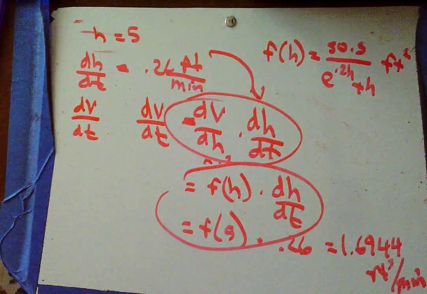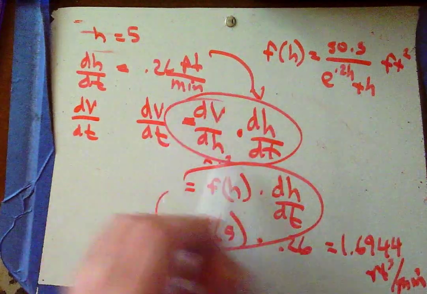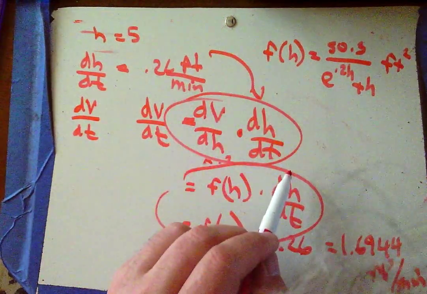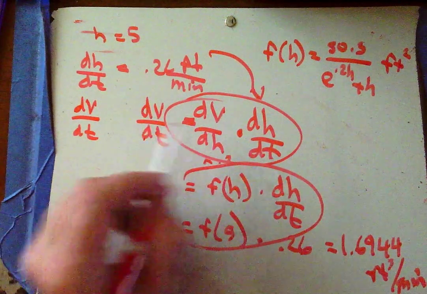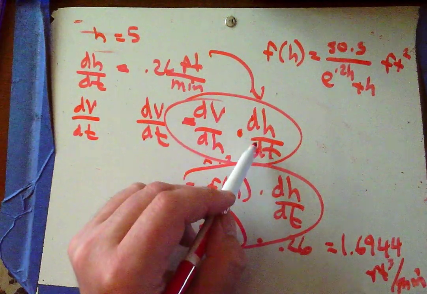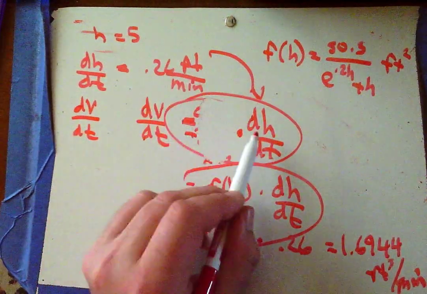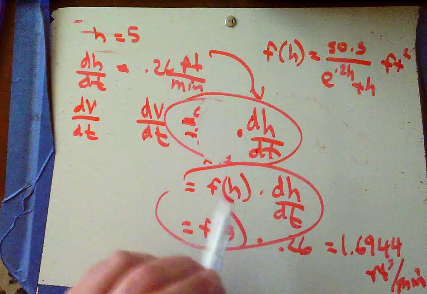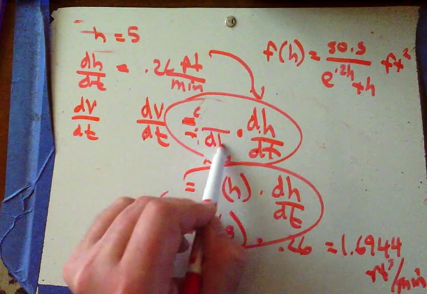But it's that idea of understanding the underlying conceptual nature of what's going on. I'm looking for dV/dt. They've given me dh/dt. Let's work it backwards. What would I have to multiply this by to turn it into this? Well, I'm going to have to get rid of a dh, so that's going to be on the bottom.